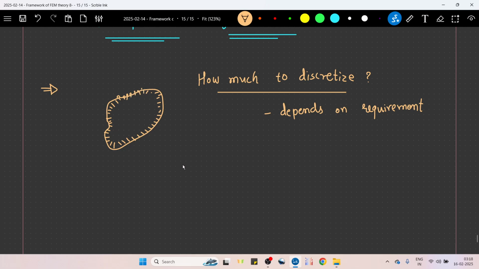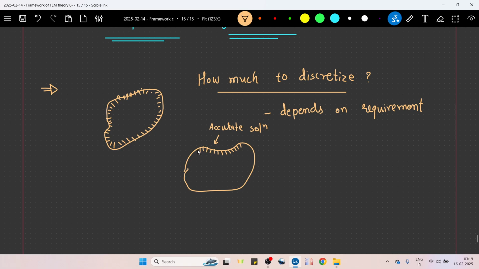And for example, if I take the same structure, it doesn't look the same, but let us assume it is the same straight structure. You feel that you are only interested in this location, this location only is your area of interest, and you want an accurate solution only in this localized area.